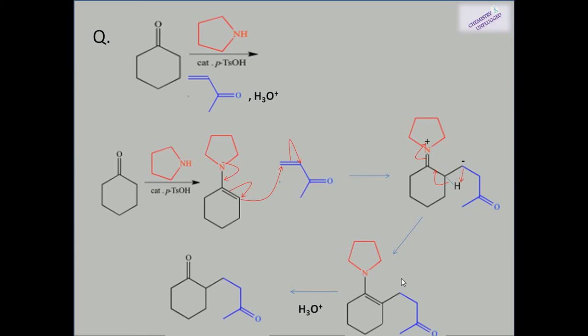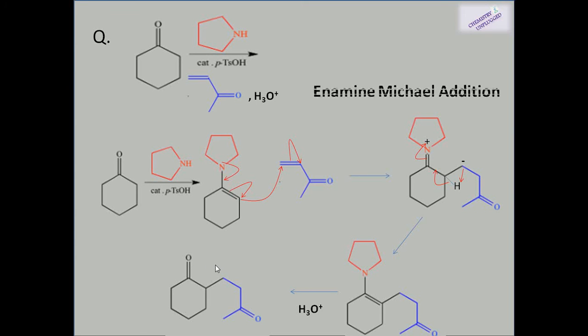Then we do hydrolysis and this pyrrolidine group will be removed and we again have the initial ketone group here. After hydrolysis of the enamine, this double bond will be removed again. We have the same ketone as we used in the reactant. The only change is that at the alpha carbon atom, we have to attach this substituent.